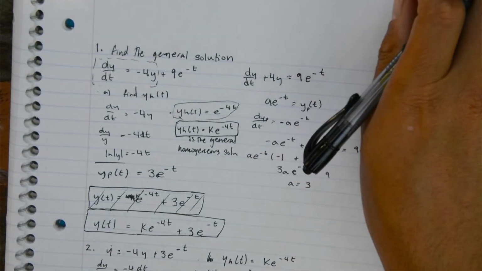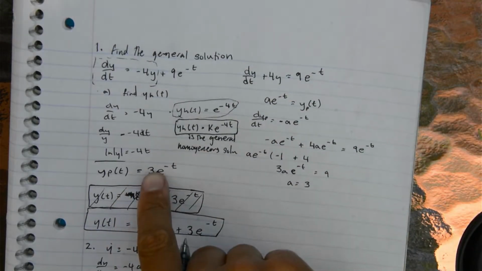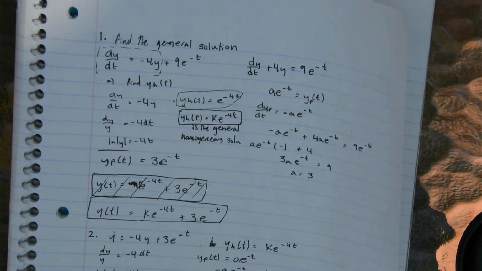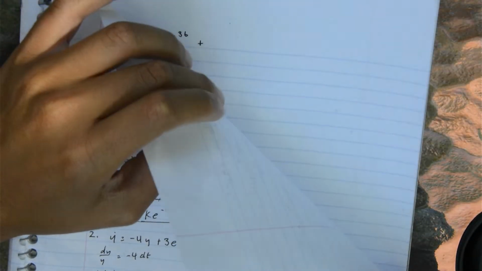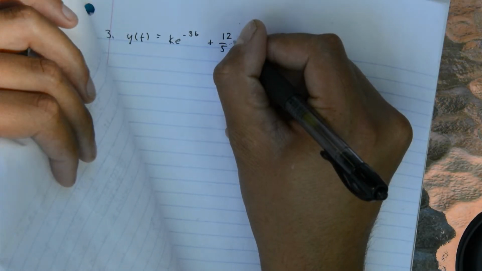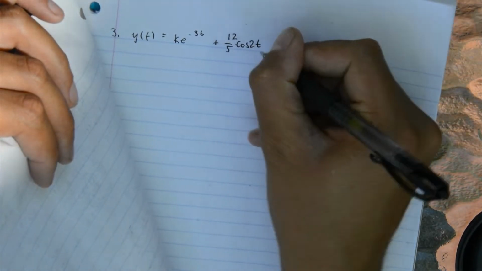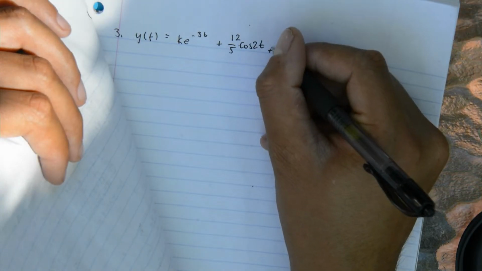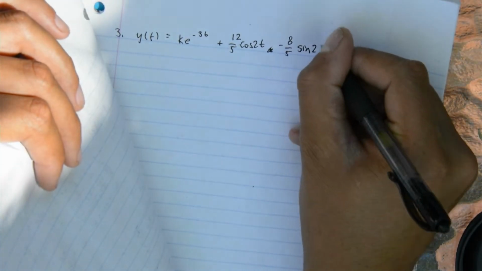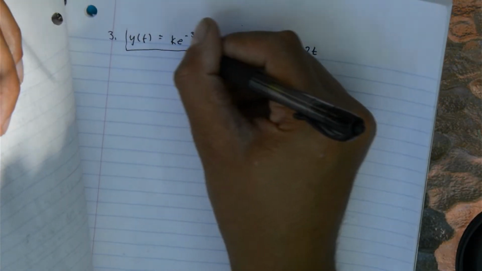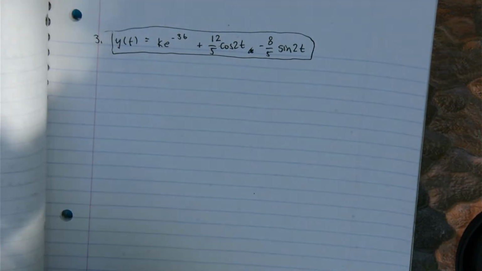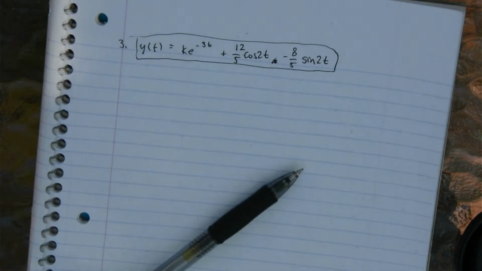When we do this, we guessed this, so it's going to be A plus 12 over 5 cos 2t plus or minus 8 over 5 sine 2t. So this is the general solution, hopefully. I'm gonna double check it really quick, but I'm pretty sure that that's right.